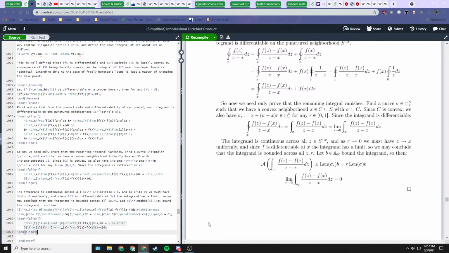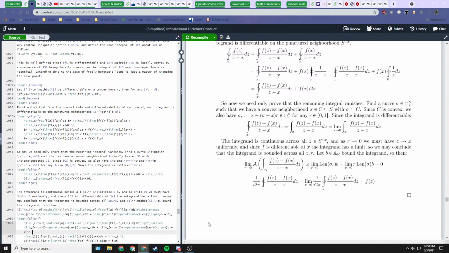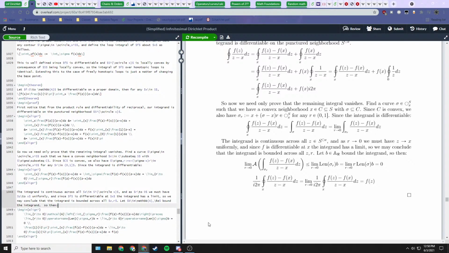We can just take this limit as r goes to 0, and this is just going to be f of z plus 0. And that's fine. Okay.